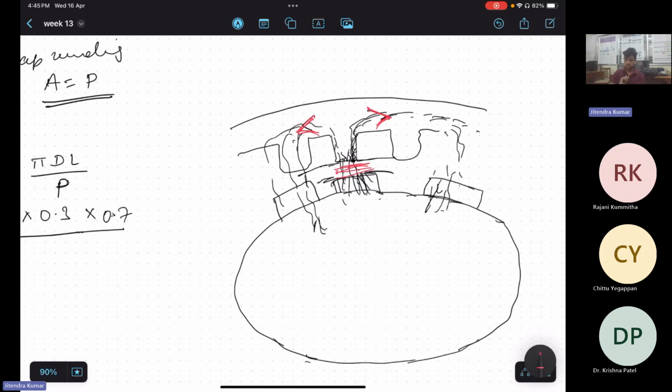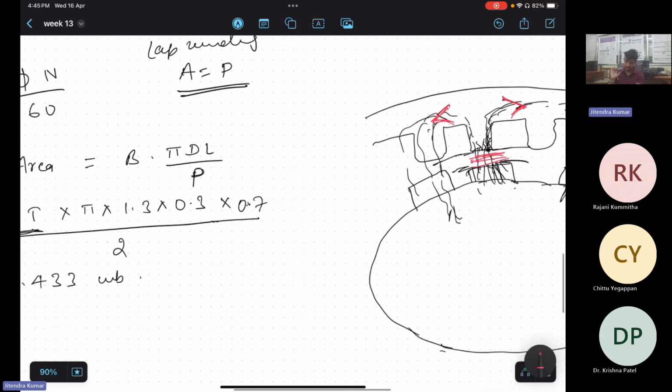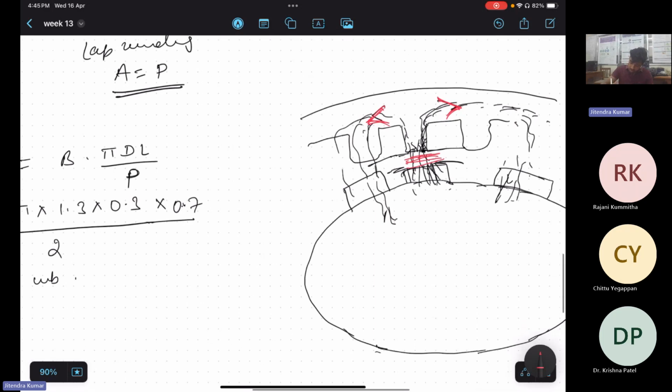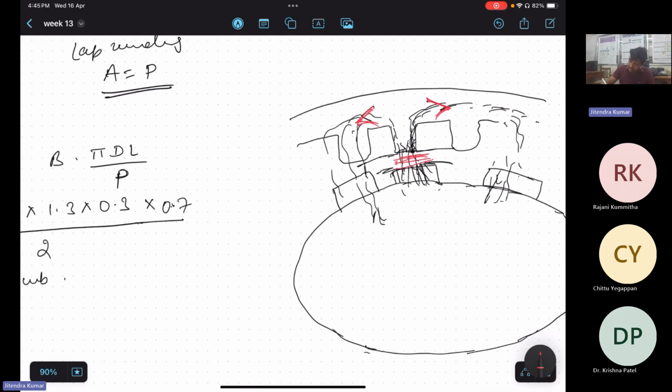Understood. Now coming back to the number of poles and pole pairs, right? This average air gap flux density value is given for the entire area wherever the pole is present.